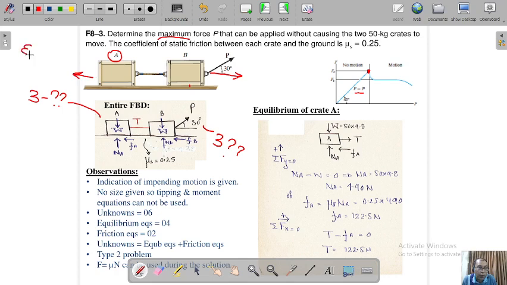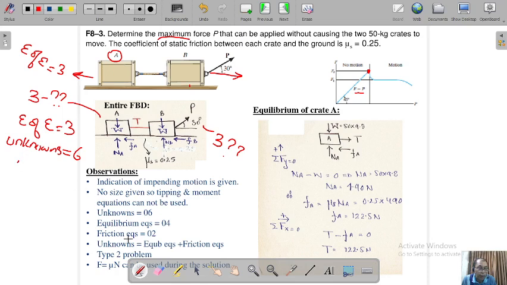The equations of equilibrium are 3, and the unknowns on this system are 6. So what does it mean? It means you have fewer equilibrium equations and more unknowns.